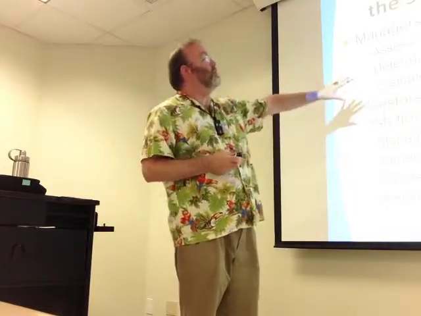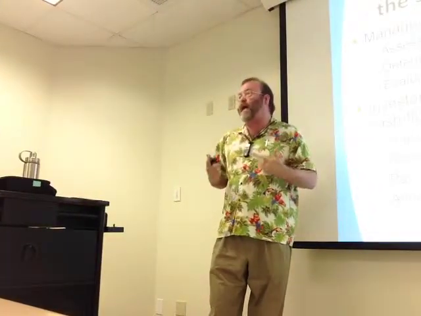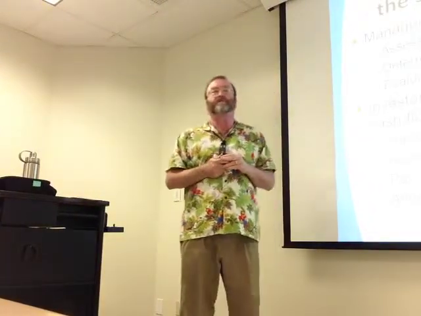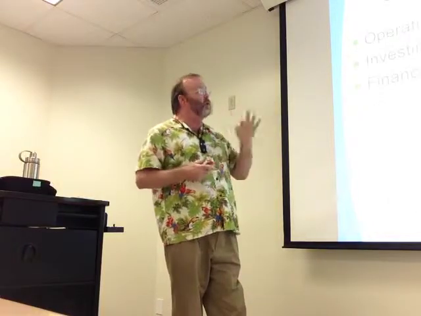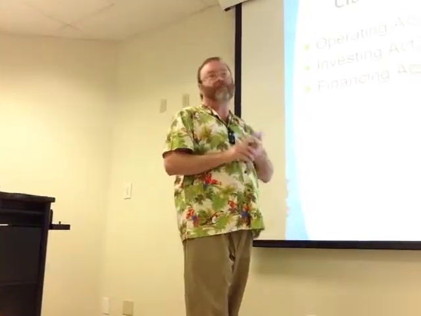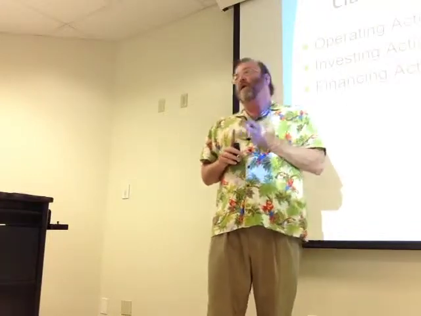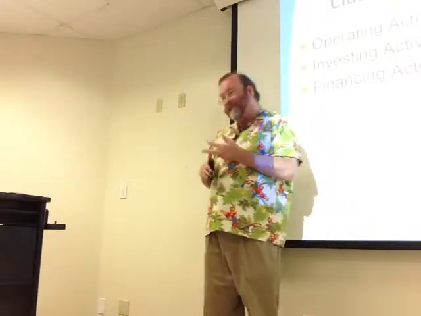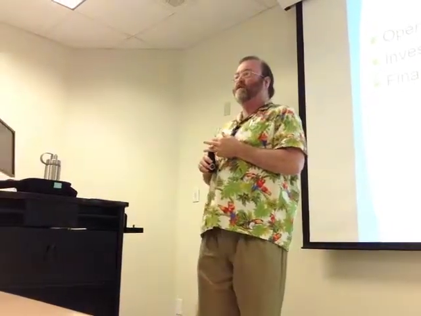So this is the statement that tells the readers of the financial statements, the users of financial statements, how well the company is doing at generating cash from their operations. It is broken into three sections: operating activities, investing activities, and financing activities.